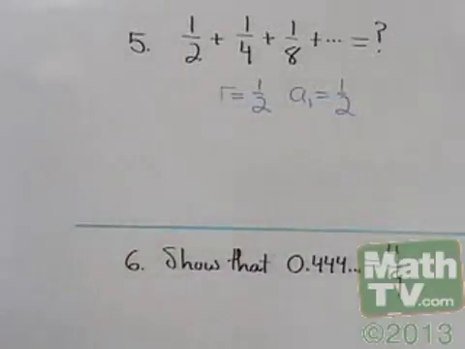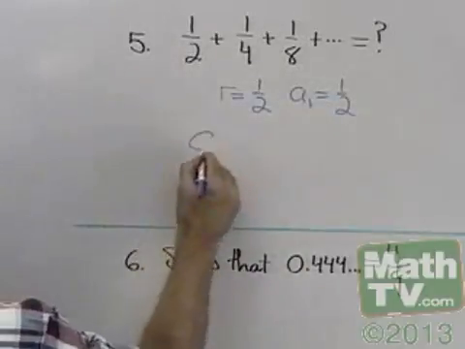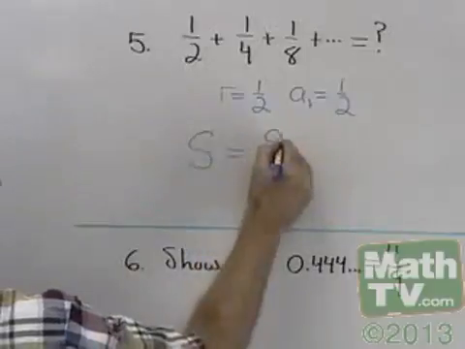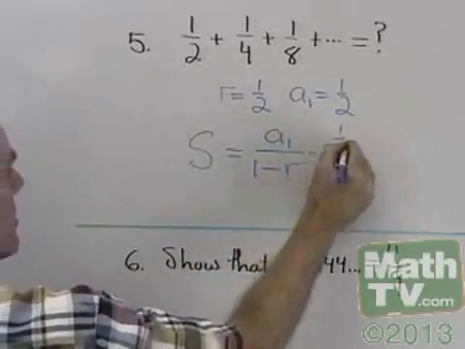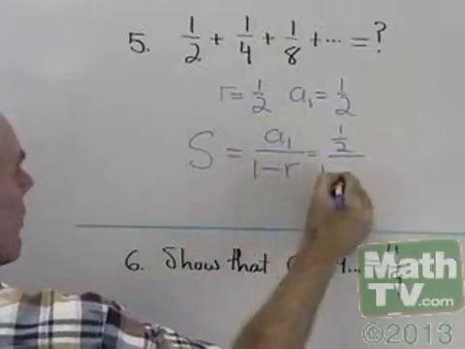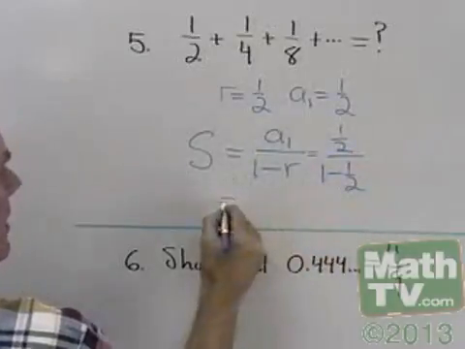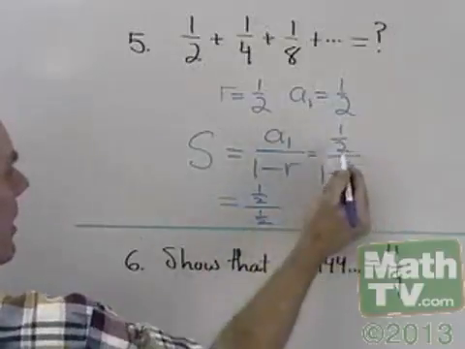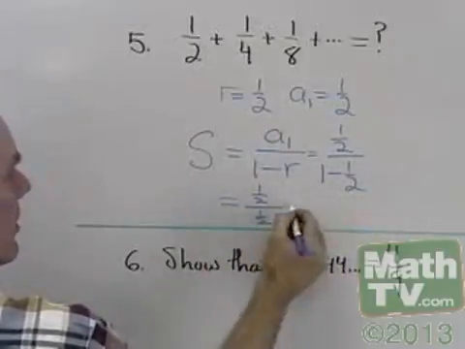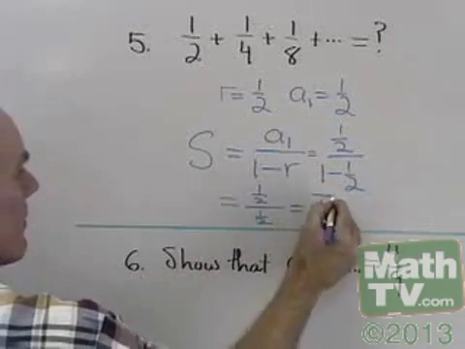According to my formula, the sum of all the terms is A1 over 1 minus R. I substitute in, I get 1/2 over 1 minus 1/2. That's 1/2 over 1/2, which is just the number 1.